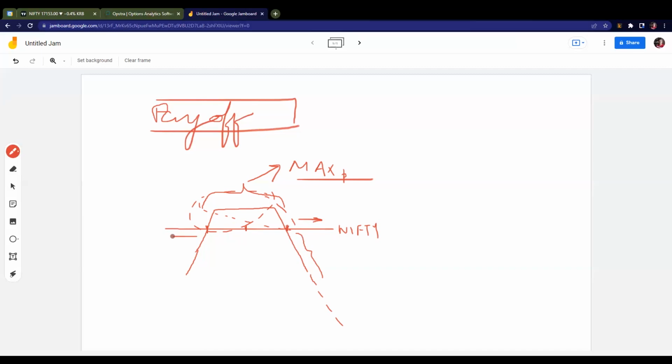Same goes with the other side. So basically, you want your market to be sideways, as simple as that. Now this is simple only in theory, obviously. Actually, you cannot confirm, right? You cannot give 100% probability that the market will be sideways.